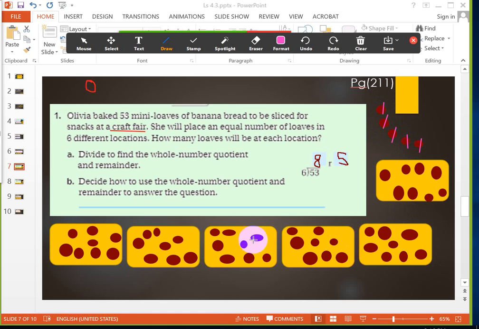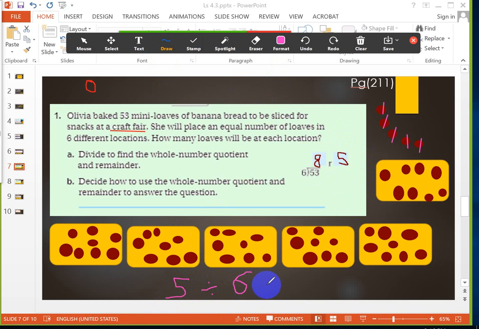1, 2, 3, 4, 5, 6. So I will divide all those loaves on 6 locations, but I have to divide those evenly. So I will divide the 5 banana breads that are left over with me evenly on 6 locations.